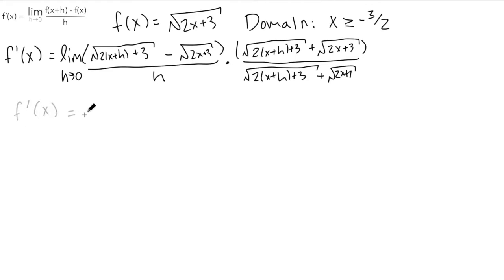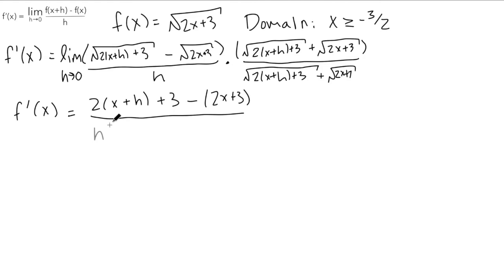We get f prime of x equals 2 times x plus h plus 3 minus 2x plus 3 in parentheses, over h times the conjugate from before. So the square root of 2 times x plus h plus 3 plus the square root of 2x plus 3.